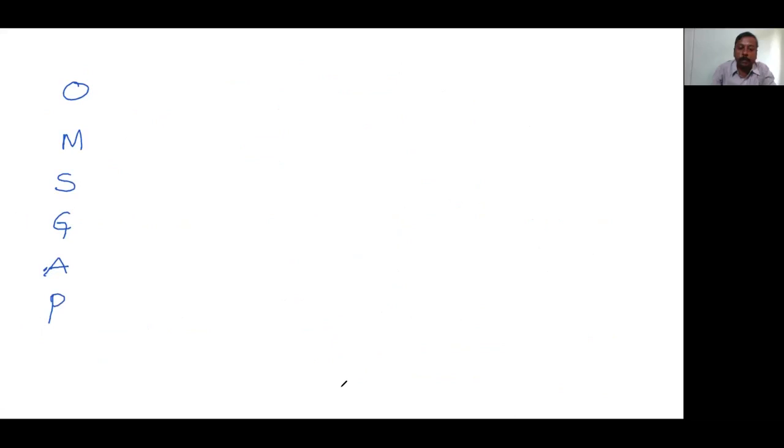O means, here I will write the full name. Only thing, you will keep on adding the number of carbons. O means oxalic acid. M is malonic acid.